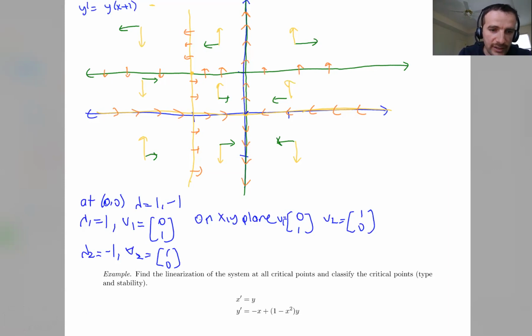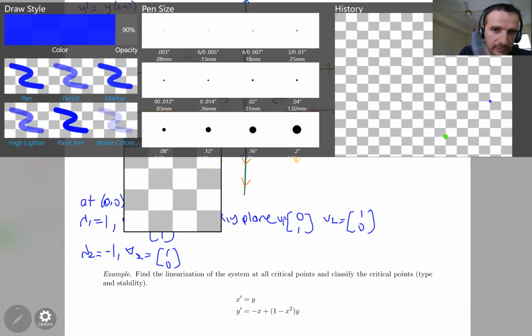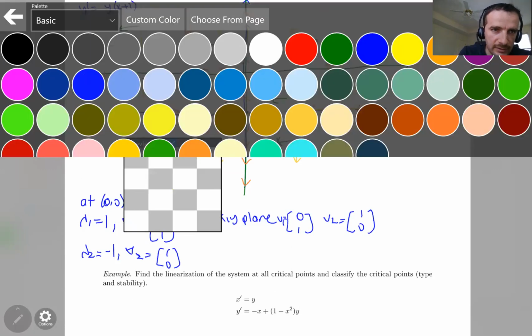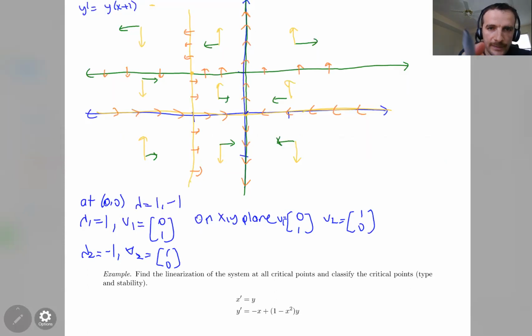So let me draw a sample solution. Let me pick this color. So there is a stable center here, right? So the sample solution will be this way here. And if you follow the arrows, it is making stable center shapes here, I guess, like that.